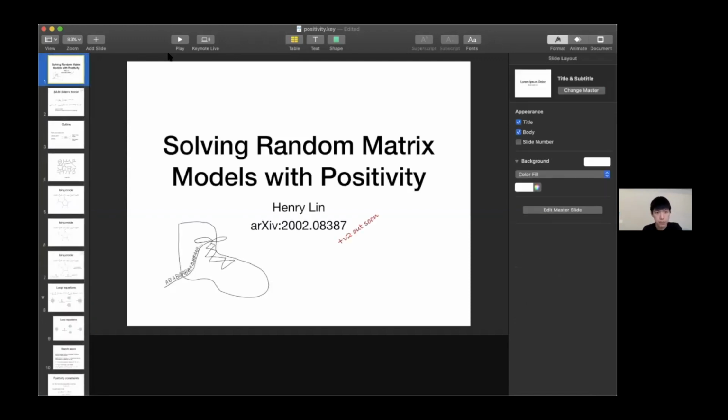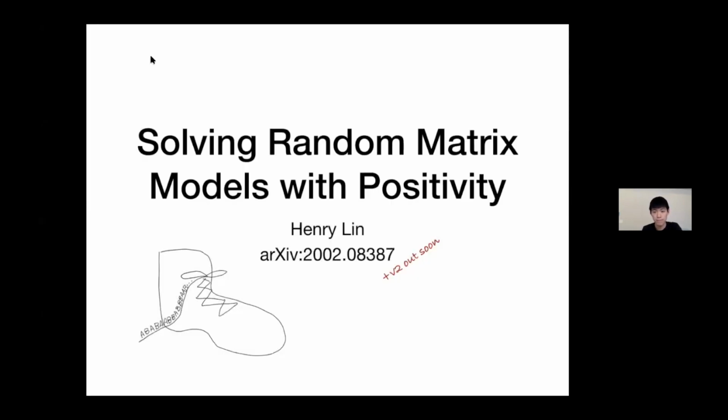Question. Hi. Have you thought about also adding, say, a double trace term to the matrix model? So you have two separate terms, like g trace m to the 4 plus g prime trace m squared squared, because that has more subtle changes in critical behavior.